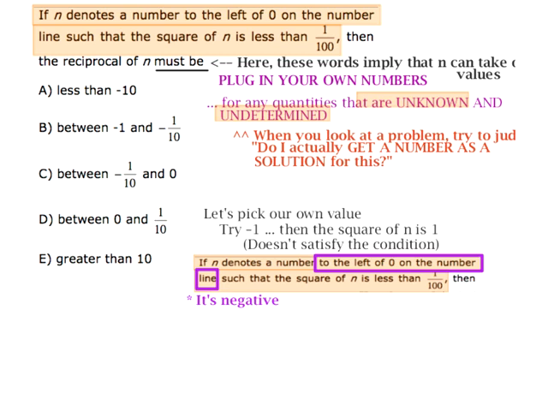You may not immediately see right away, super fast, what kinds of numbers will do this, but at least you know that we're dealing with fractions. Because there's no other way you're going to get the square of a number to be so small. You want n squared to be really, really small.